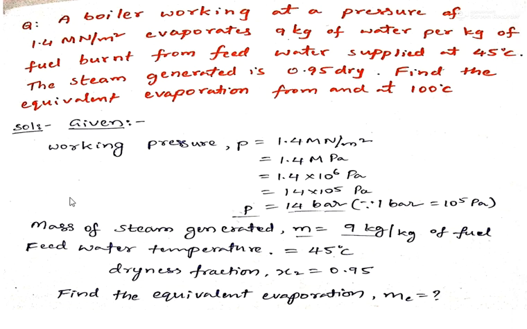So here let us see what the given data is. The working pressure of the boiler is given, meaning the pressure at which the steam is generated, as 1.4 mega Newton per meter square. Here we are converting this pressure into bars, because to solve this problem we will use the steam tables.